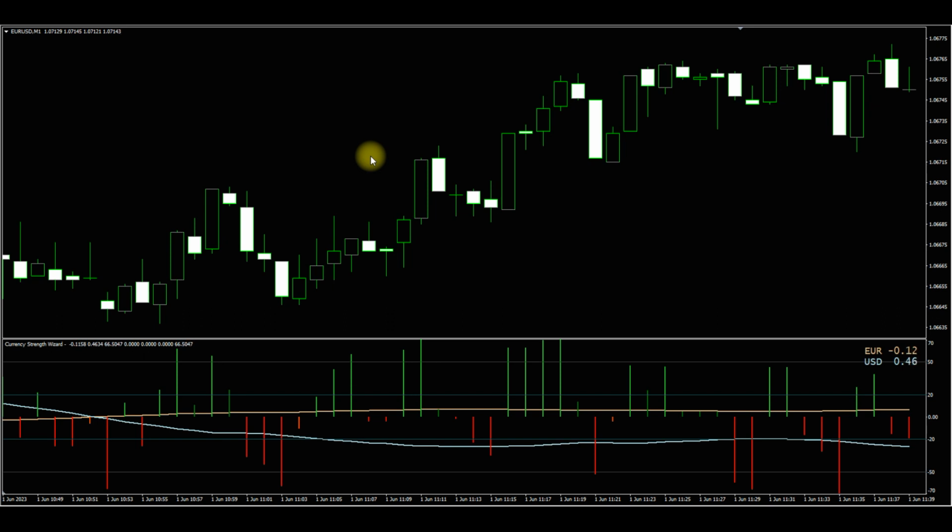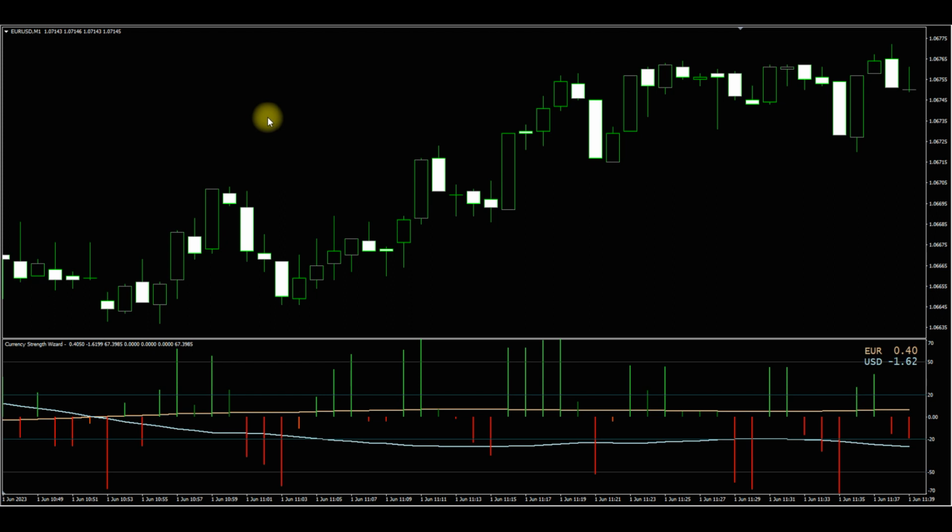Now I would like to show you how this indicator can be helpful for scalping. For example, on the M1 time frame. Look at this chart, please.